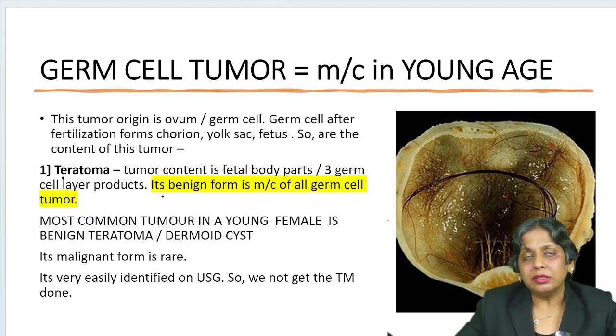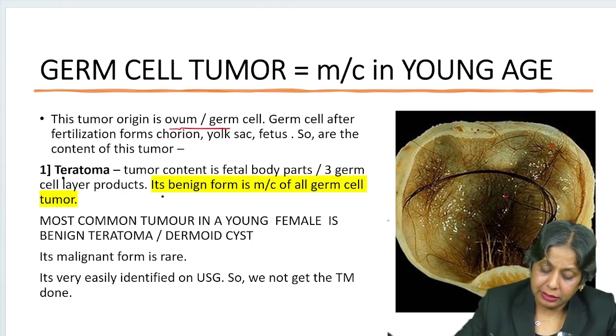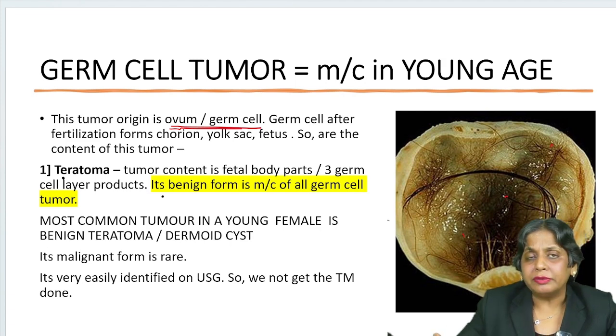Let's learn about the germ cell tumor. Germ cell tumors are rare, but they are found in young age. Germ cell tumor means that this tumor has originated from the ovum or the germ cell. As you all know, when the germ cell fertilizes with the sperm, it forms the yolk sac, placenta, fetus, all these things.